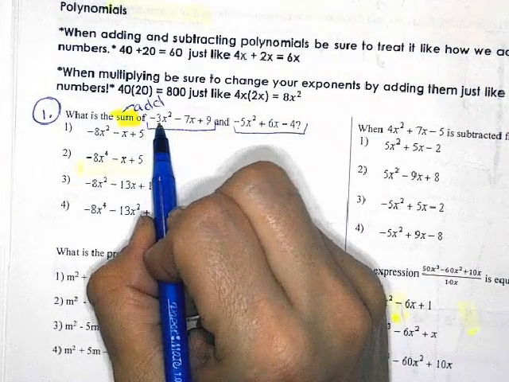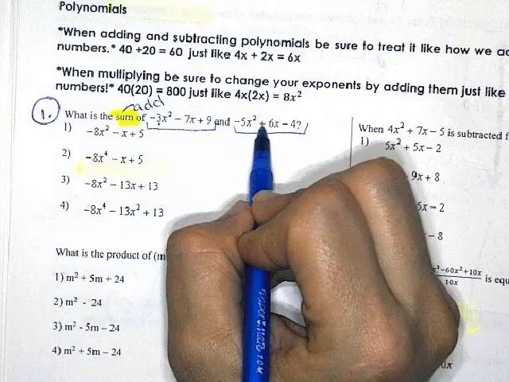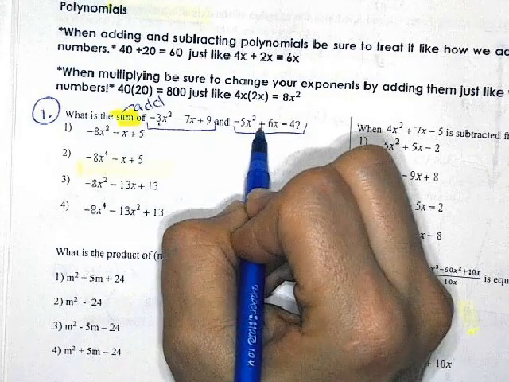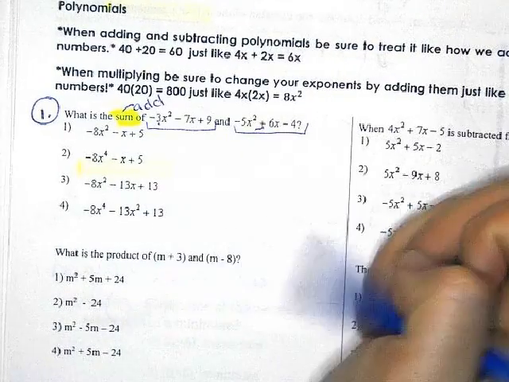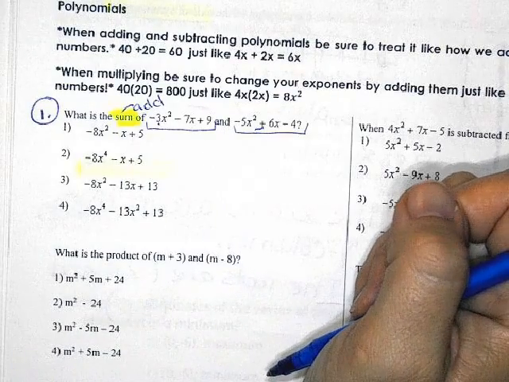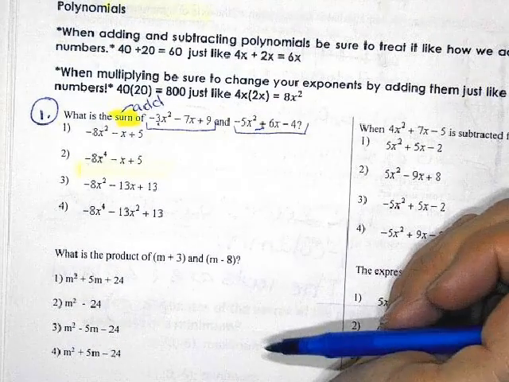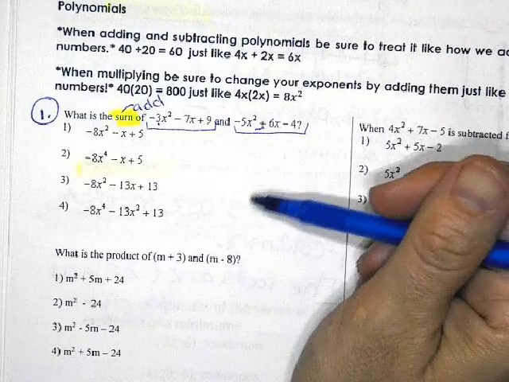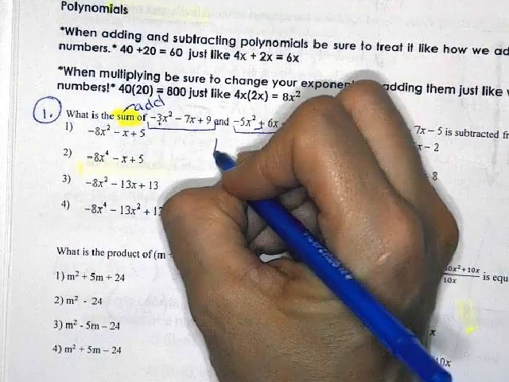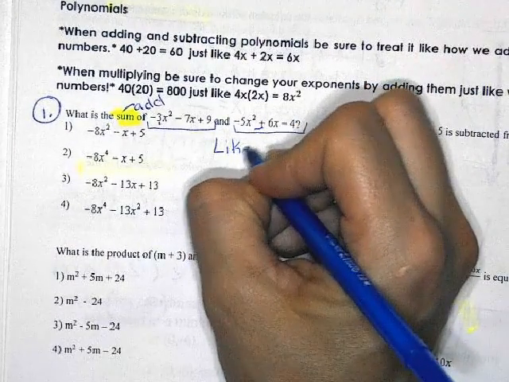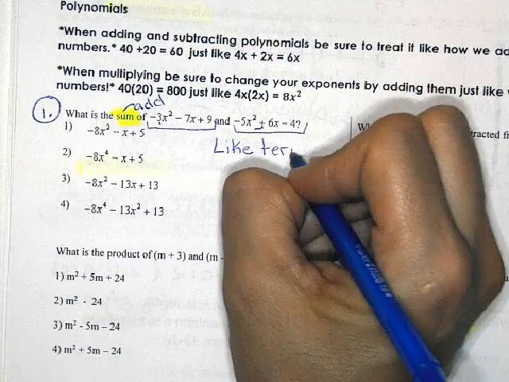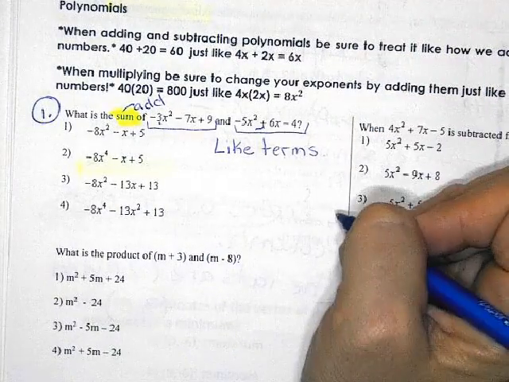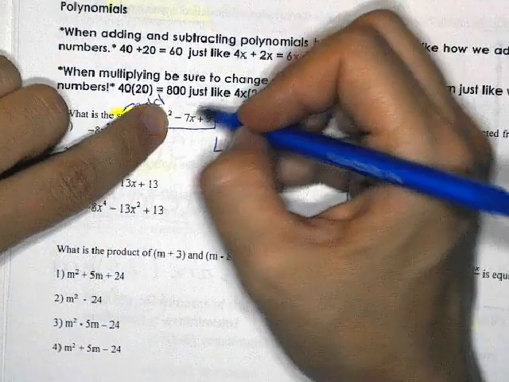Which pieces from the first polynomial will be added to which pieces of the second polynomial? When we add these, we're looking for what we call like terms. 7x and 6x. Okay, and then we just have to make sure that we're careful.